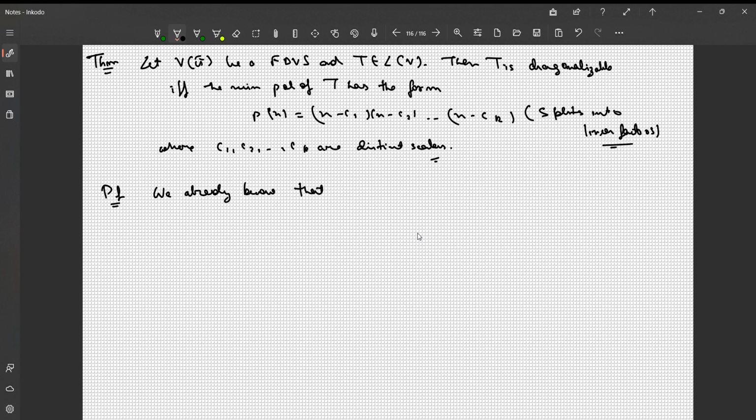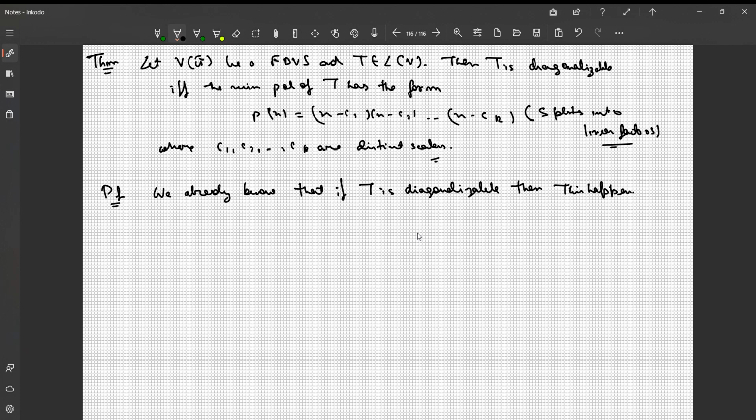operator over a finite dimensional vector space is diagonalizable, then this thing happens obviously. Okay. So we already know that if T is diagonalizable, then this happens. Right?